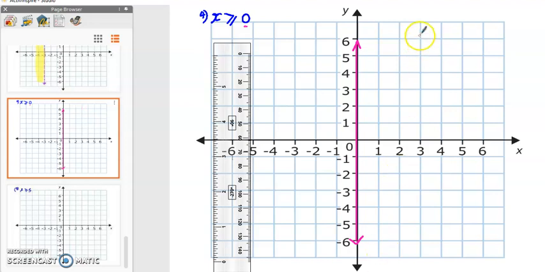The equation for the y-axis is actually x equals 0, because this is the y-axis and this is also where x is equal to 0. And the equation for the x-axis is actually y equals 0, which is this. We're going to explore these in future topics.